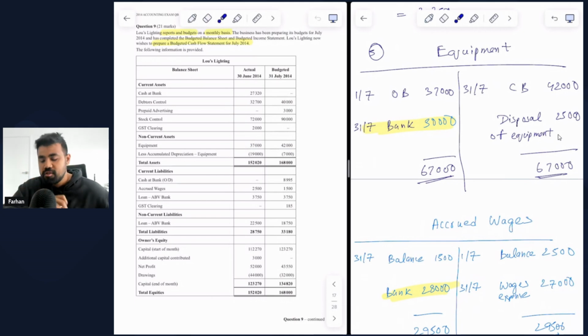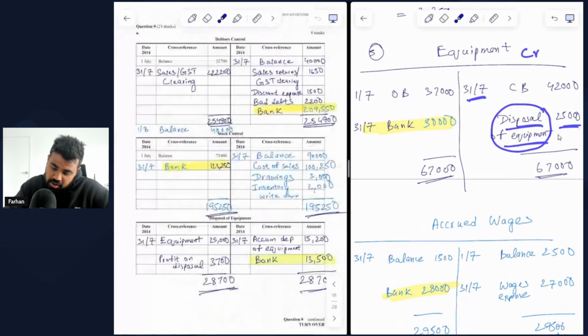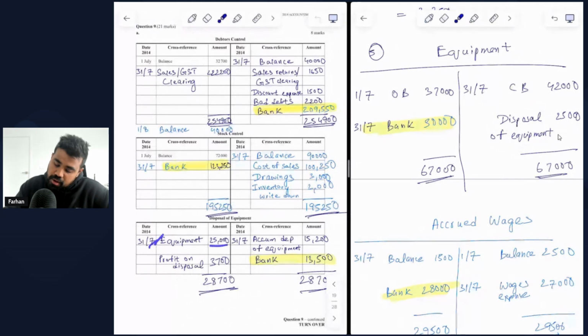And when we dispose that equipment, that's going to reflect a reduction in the cost ledger account for equipment. So when assets go down, we credit them. That is why on the credit side, you can see that I've included disposal of equipment of $25,000. So this is like a cross-reference to the ledger account that we have already created, where you can see on the debit side, you got equipment at cost of $25,000. So these are all relevant to each other.